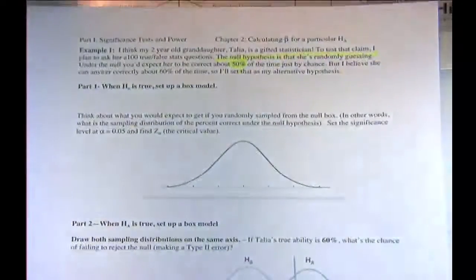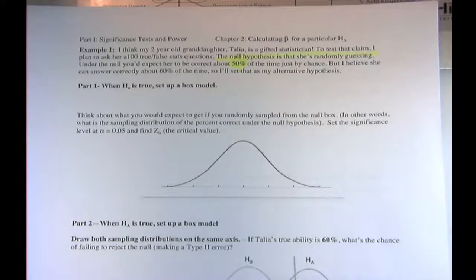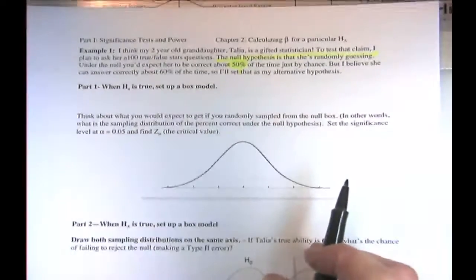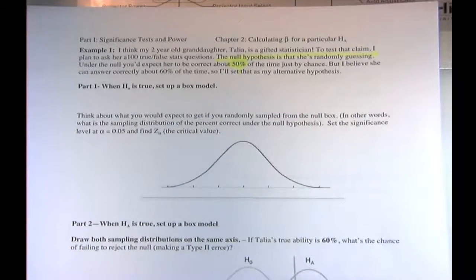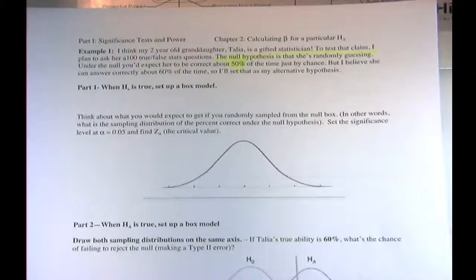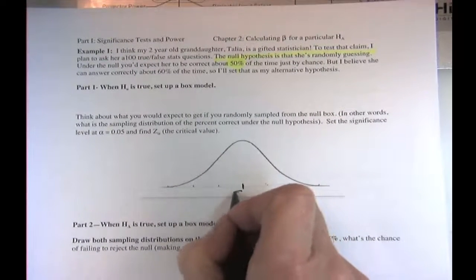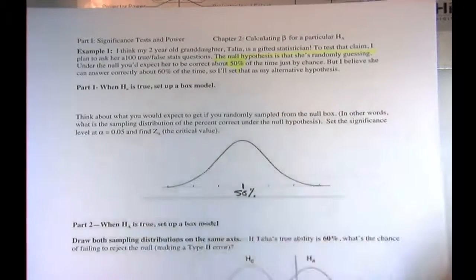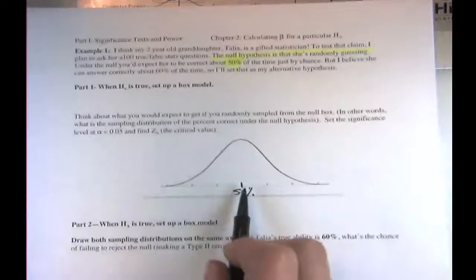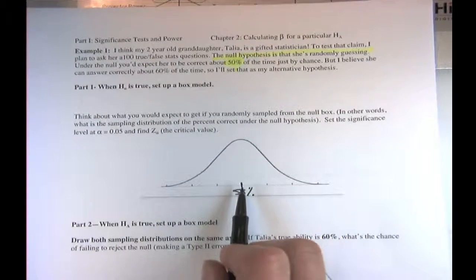So the first thing you want to do is look at the sampling distribution of the test statistic under the null. And the test statistic is the percent she's going to get correct. Under the null, we believe she's going to get 50% correct, just by the luck of the draw. Now, of course, that's not going to happen every time.